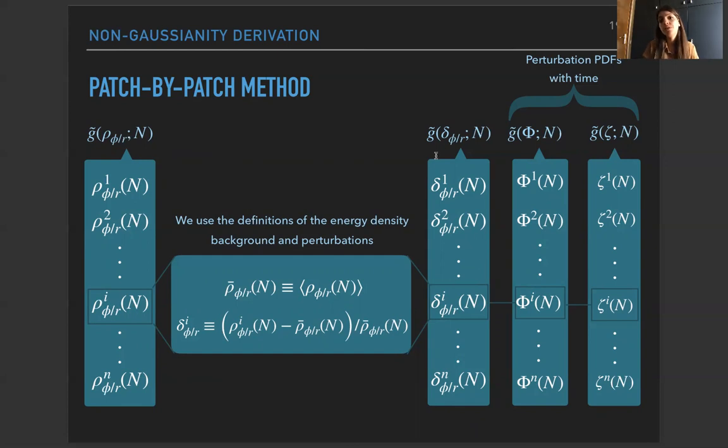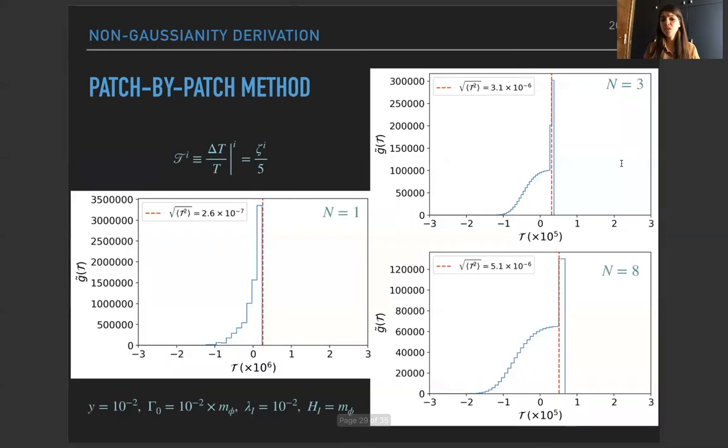And this would give you a distribution of adiabatic density perturbations, and of course that would lead you to a distribution of gravitational potentials and Bardeen parameters with time. And since the Bardeen parameter is proportional to the delta T over T for larger scales, then you would be getting a distribution of temperature fluctuations this time, instead of a characteristic value of the temperature fluctuations.